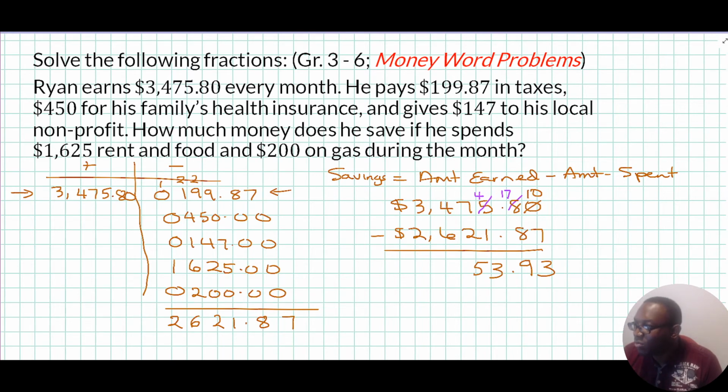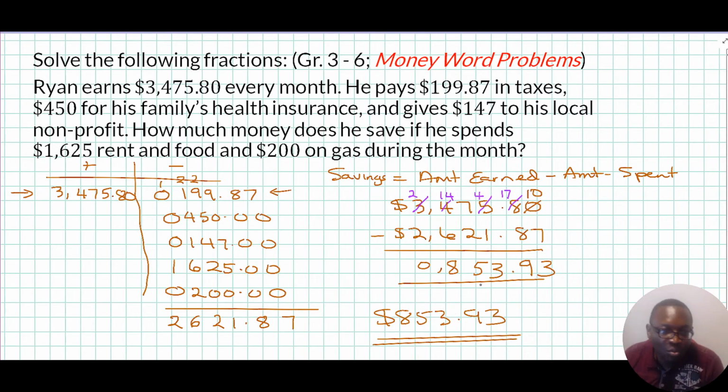So we're going to go over to the neighbor to borrow 1. The neighbor now has 2. The one we borrow becomes 10. We add it here, it becomes 14. So 14 minus 6, we have 8. And then 2 minus 2, we have 0. So this is going to give us $853.93. That's how much Ryan is able to save during this month.